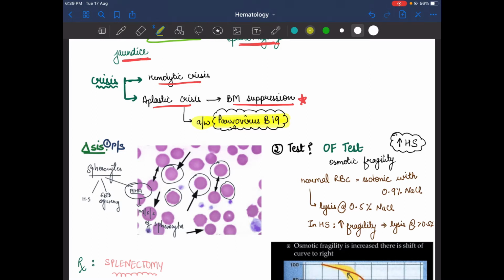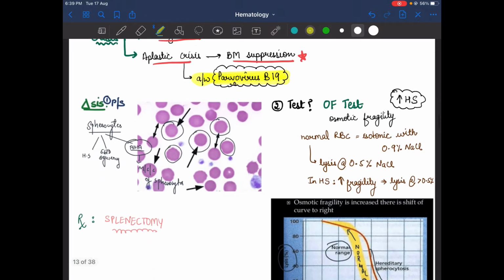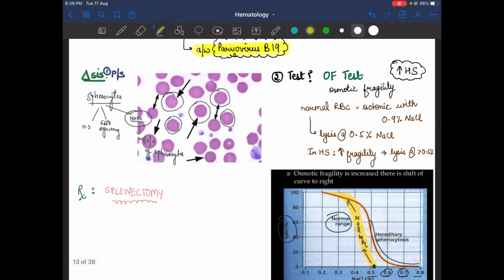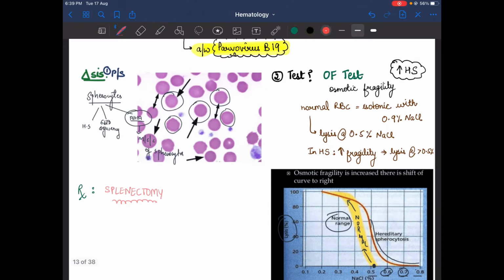Now what diagnosis can we do in hereditary spherocytosis? First, we do the peripheral smear. On peripheral smear examination, we find all the red blood cells in a round shape. As we see here, all the red blood cells are spherical, that is, spherocytes.